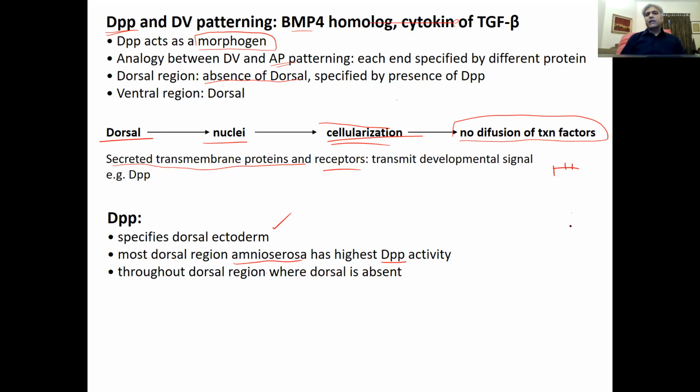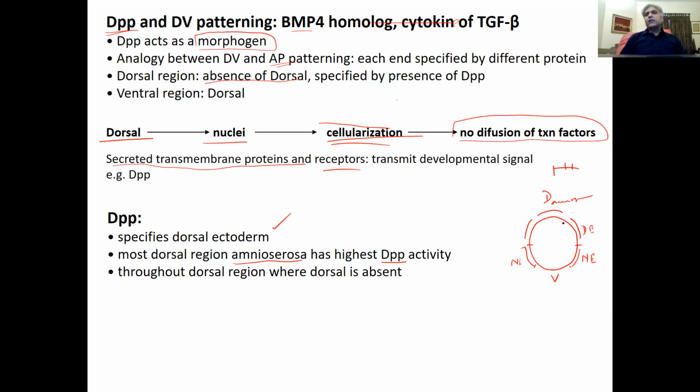So if we draw like this, this is the ventral side, this is the dorsal side, and from here to here you have neuroectoderm, you have dorsal ectoderm, and then this region is called the amnioserosa.